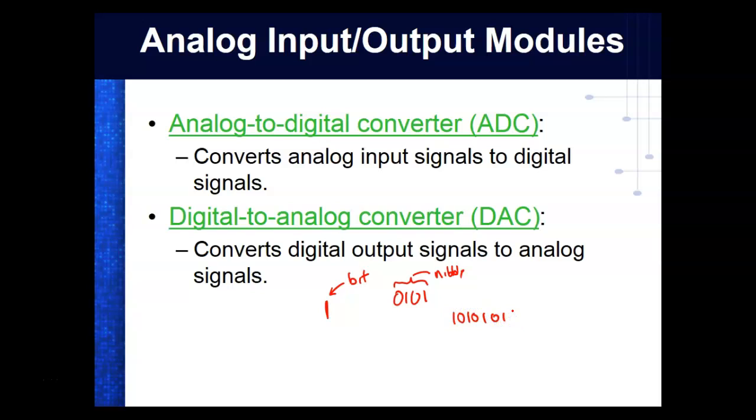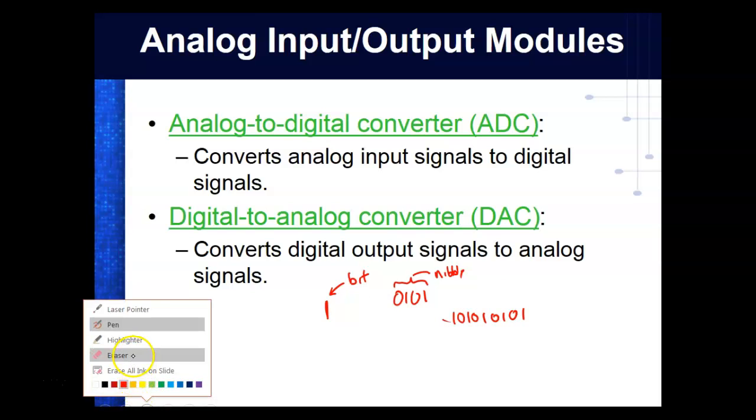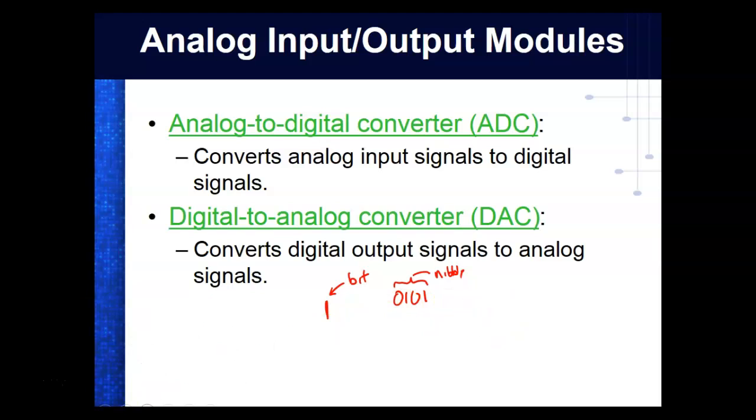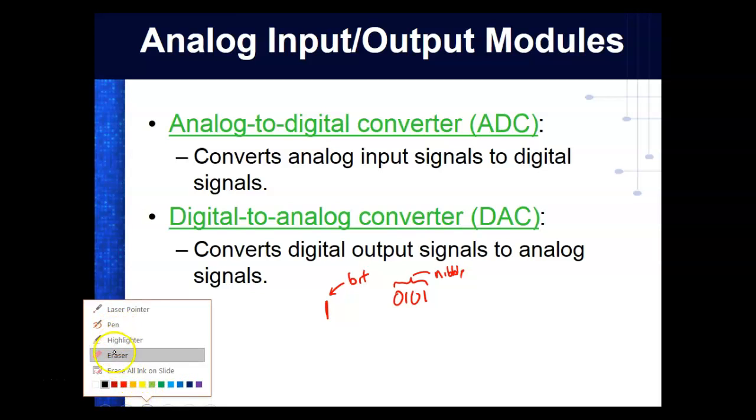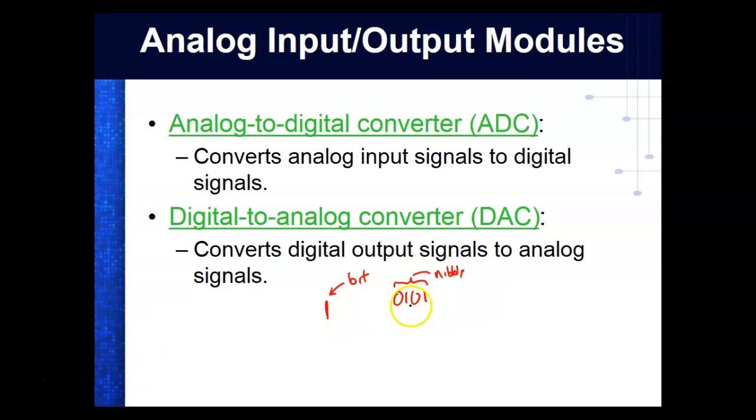So that number right there has weight. So that's more than 8 bits. Anybody know what we call a group of 8 bits? Yeah, we call it a byte. So this right here, if I was to take this and convert it over to decimal, that would be the number 5.